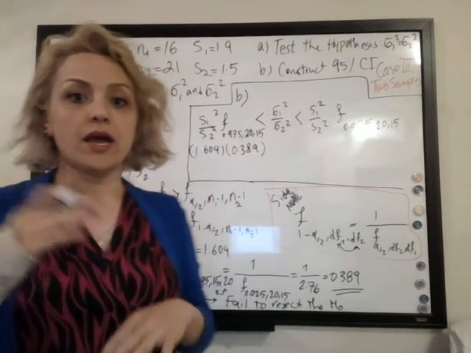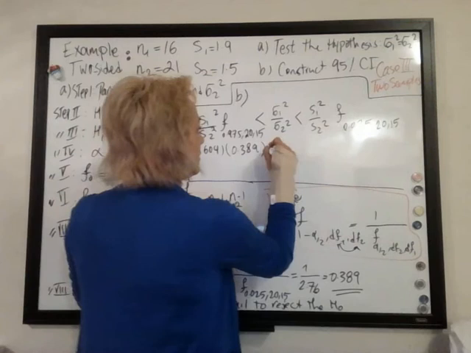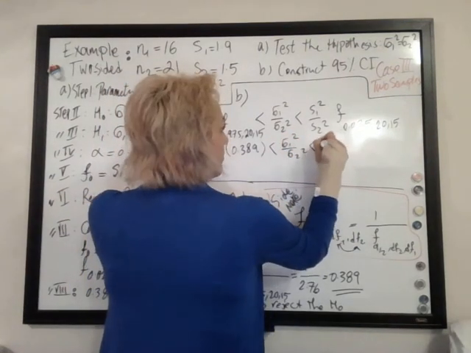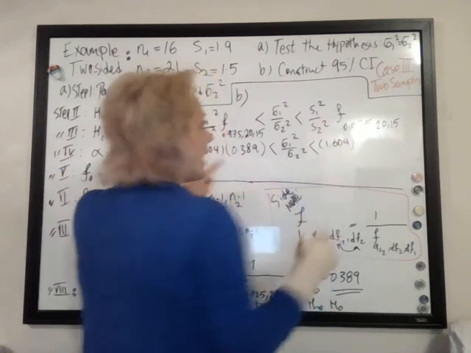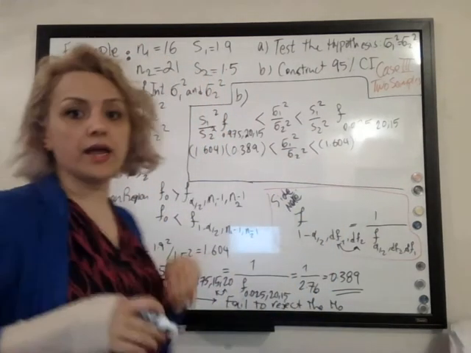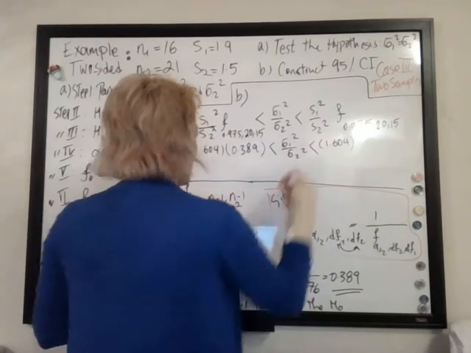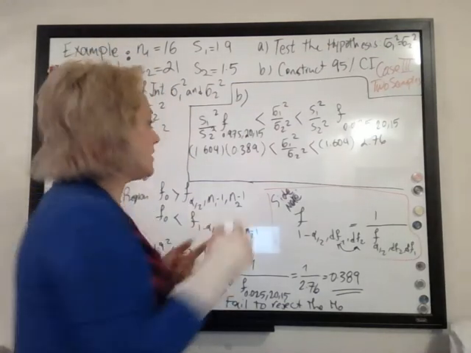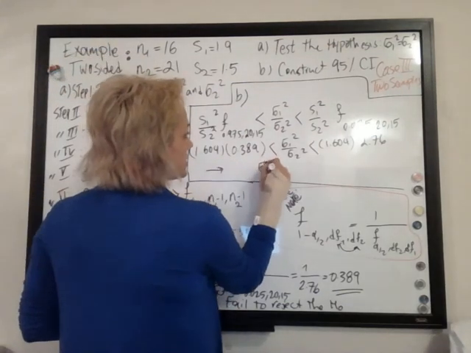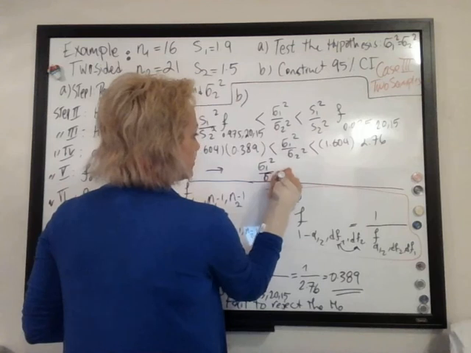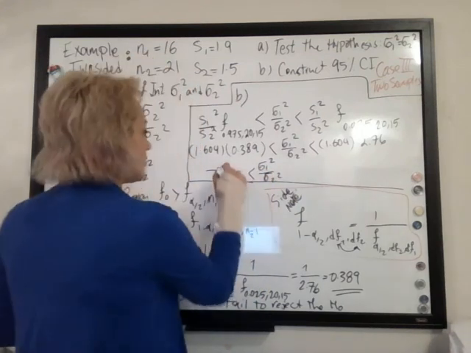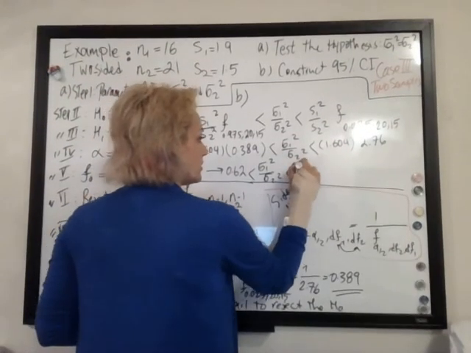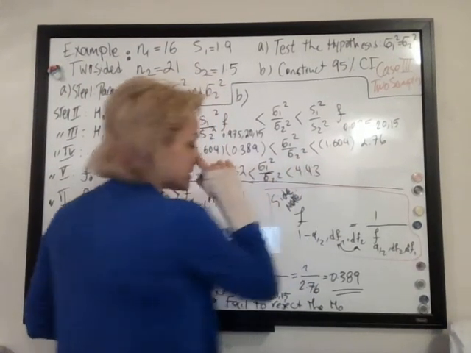And then you would have sigma 1 squared over sigma 2 squared. And then again 1.604 times, as we did before, the value from the table, 2.76. And we're going to write down sigma 1 and sigma 2. So sigma 1 power 2 divided by sigma 2 power 2 is going to be between 0.62 and 4.43.